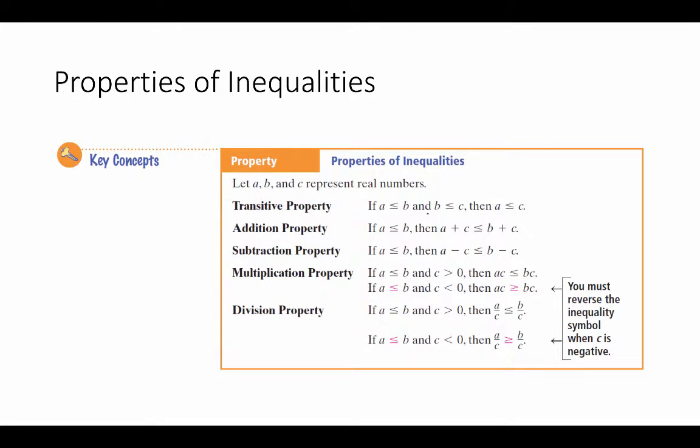So for example, you can see here that B is greater than or equal to C, but when you multiply by, say, C equals negative 3, then AC is greater than or equal to, right here. And the same is true for the division property. If C is like negative 5, and you divide on both sides of the inequality, you see the reverse there.